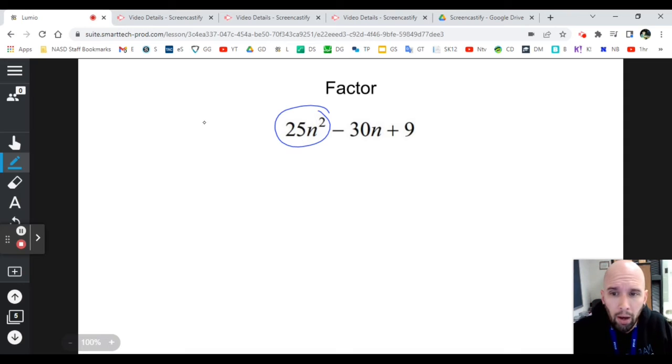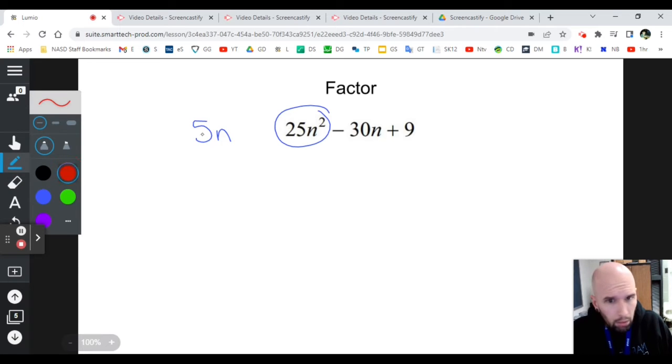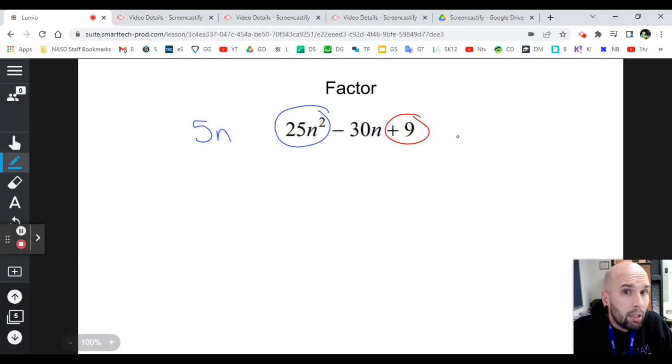The square root of 25 is 5. The square root of n squared is n. The square root of 9 is 3. Now that's a minus in the middle. That's going to be important. What's 3 times 5n? 15n. Multiply it by 2, 30n. Do I get the middle term there, 30n?